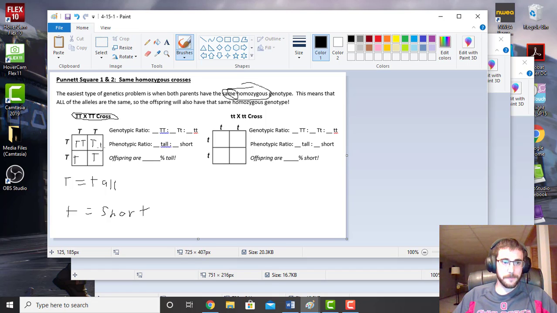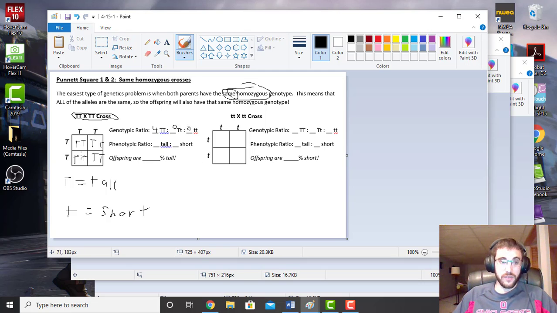Big T, big T. So when we cross two parents that are both homozygous for the tall gene, that means they both have big T's, all four possibilities are going to be big T. None of them are big T, little t, and none of them are little t.